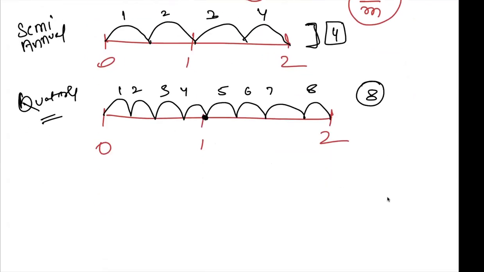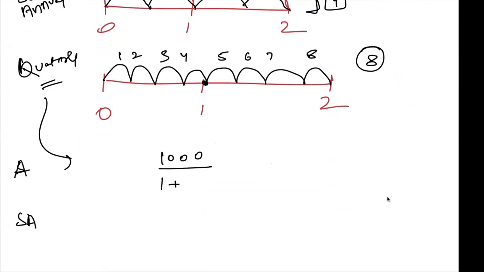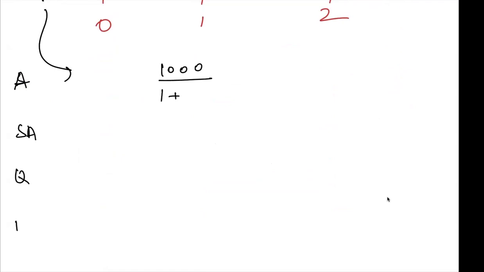How many times has compounding happened in this case? 8 times. So what essentially I'm doing here is, let's write annual, semi-annual, quarterly, monthly. Tell me one thing, what will be the interest rate? Let's say the interest rate is 20%. How much should we divide it by? 1, because it's annual compounding, right?